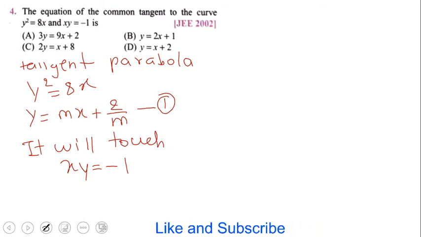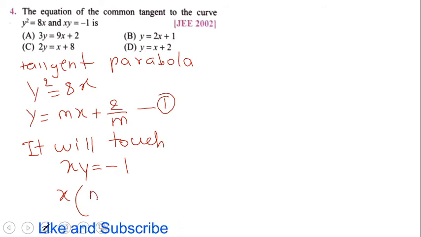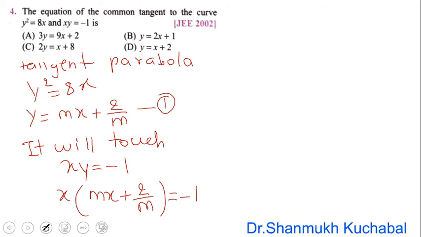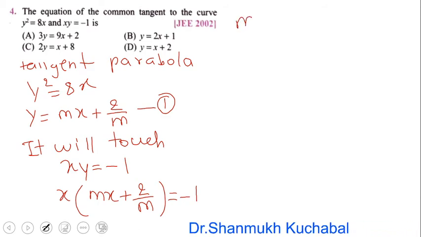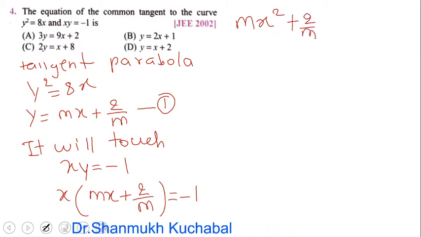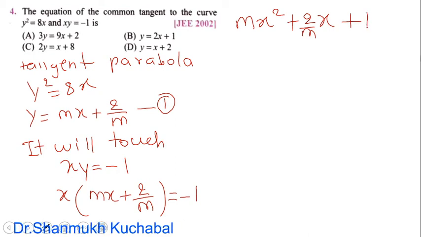So x will be as it is, y is mx plus 2 divided by m, equal to minus 1. Next we multiply x into the bracket. So we get mx square plus 2 by m into x plus 1 equal to 0. This is in the standard form ax square plus bx plus c.